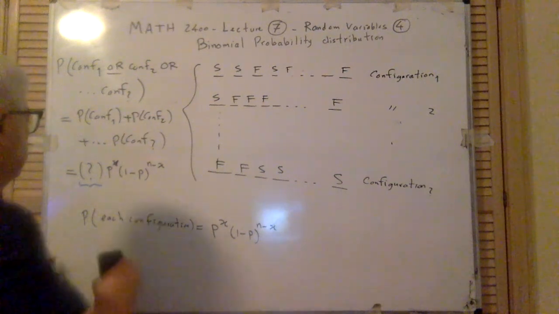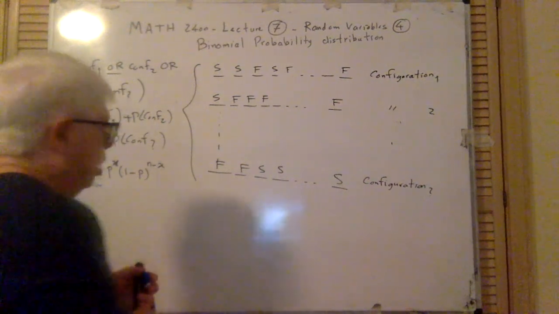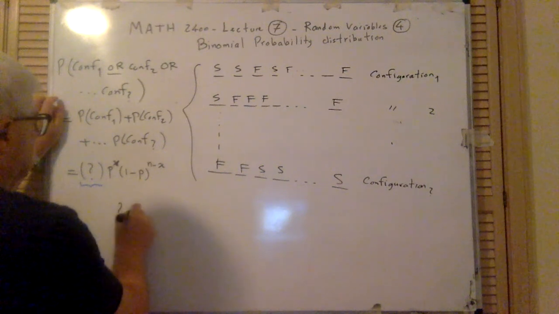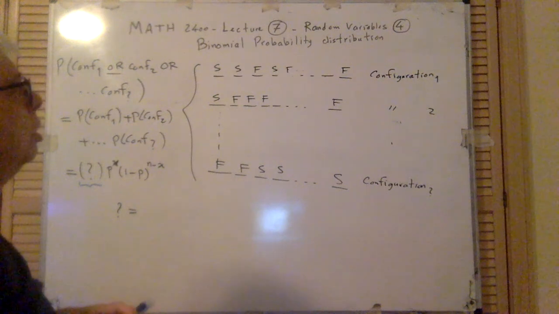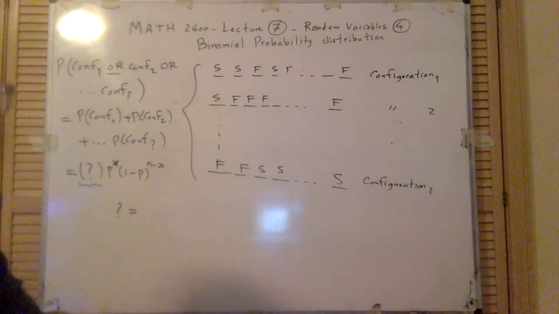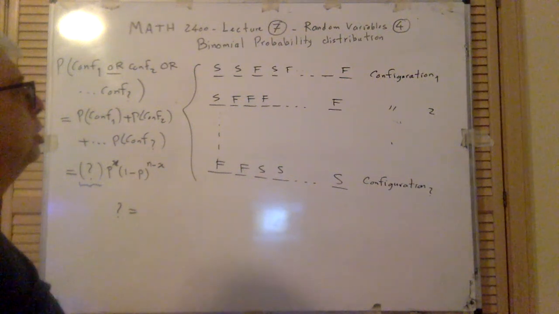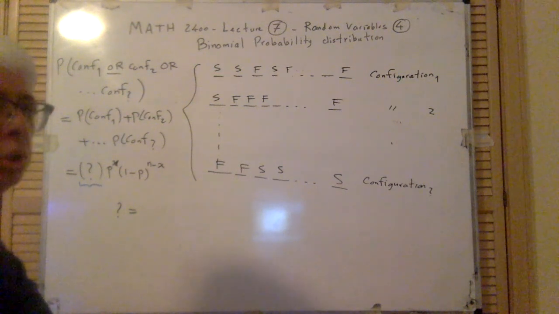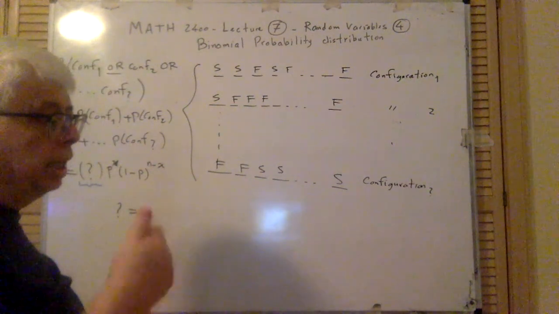I have to find this question mark, which means how many different configurations do I have? So let's see what this question mark is. The question mark is counting, right? I should count the number of such configurations. Each one of them is like distributing x S's in n positions.